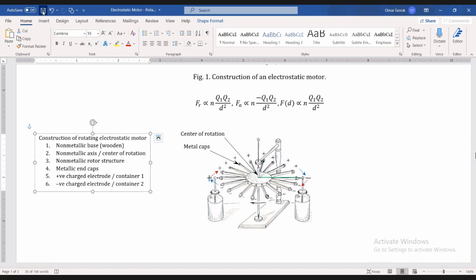The construction is over and we are now starting the working principle.